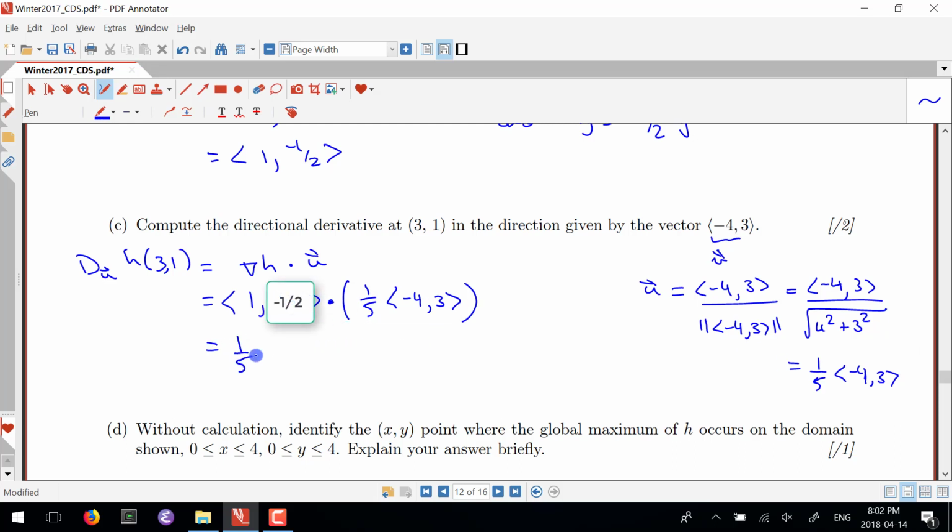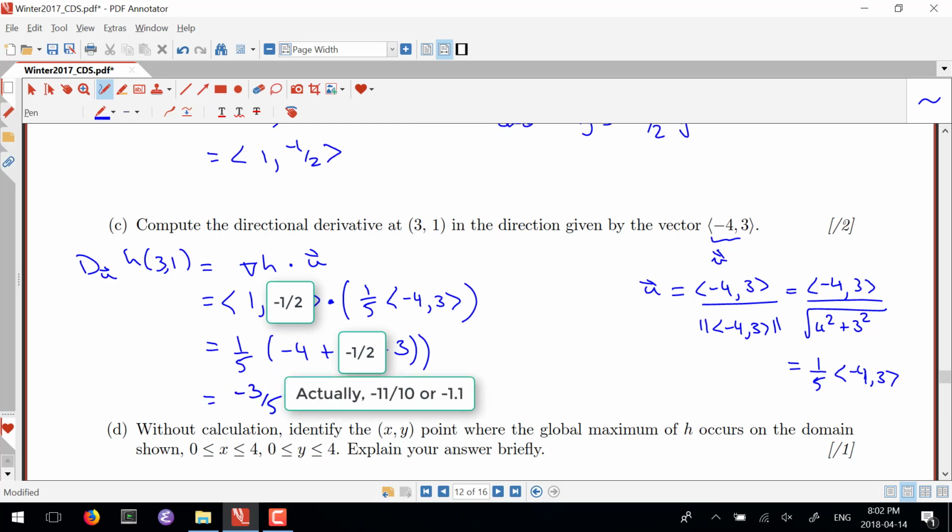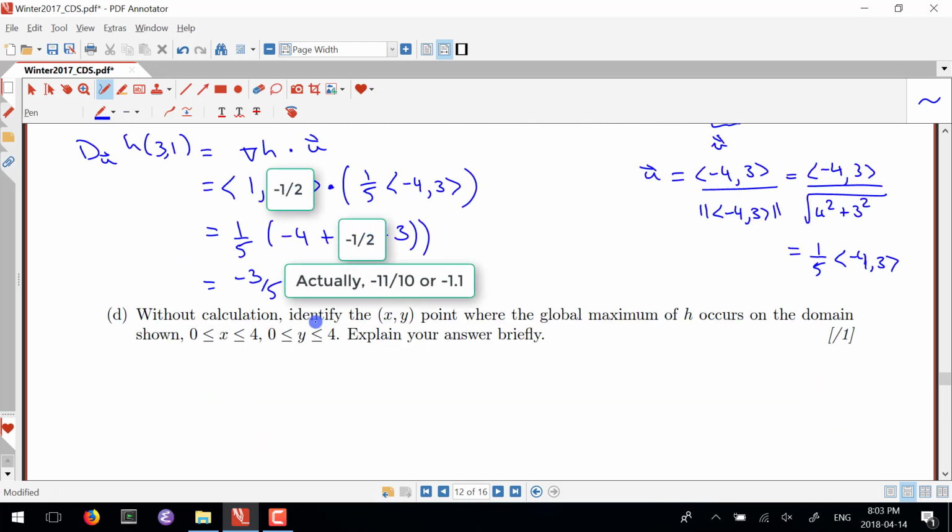That's going to give us 1/5 of 1 dotted with negative 4, plus negative 1/2 times 3. And that's going to equal 1/5 of 1 plus negative 4. That's negative 3/5.